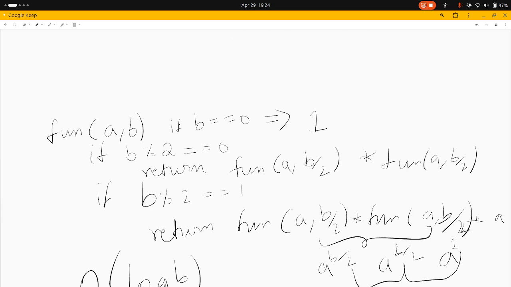Then we can go to more interesting approaches in bits. Let me write b in bits format. There would be some 0, 1, 0, 0, 1, 0, something. Depending on the bit, we can get our multiplication.